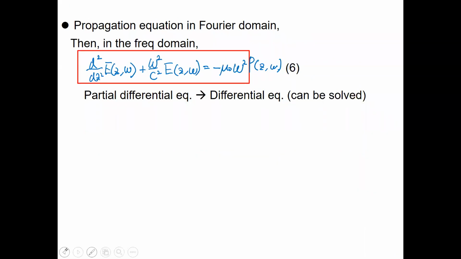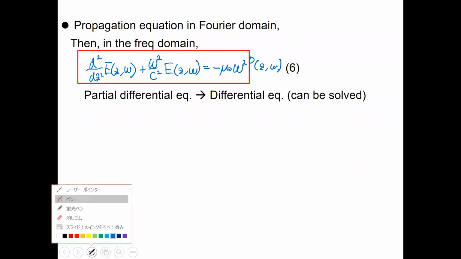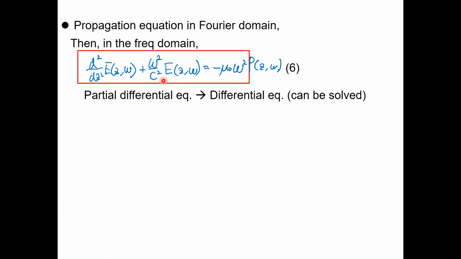As you can see from this, originally this propagation equation was a partial differential equation, which is mostly quite difficult to solve, even for a very simple form like this. And actually, most partial differential equations like this one, you cannot solve analytically.